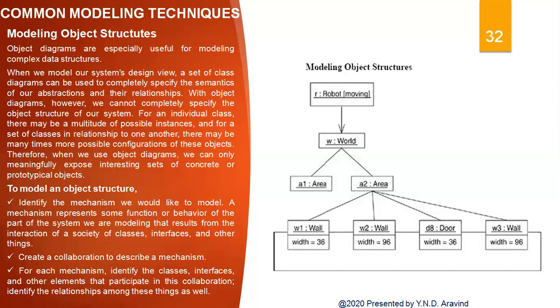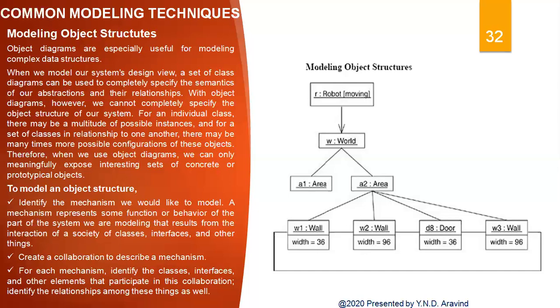So object diagrams are especially used for modeling complex data structures. When we model our system design view, a set of class diagrams can be used to completely specify the semantics of our abstractions and their relationships. With object diagrams, however, we cannot completely specify the object structure of our system.